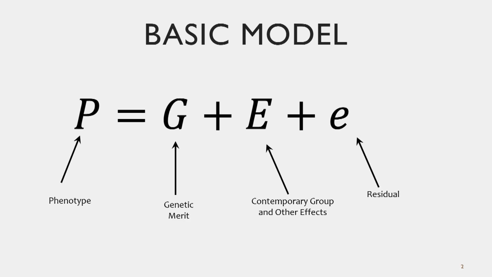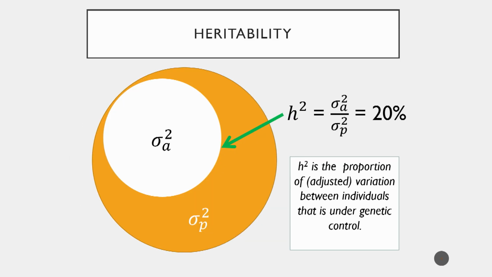What it really is, if I can back up, it's the phenotype that we have adjusted for known sources of environmental variation. It's that adjusted phenotype which is in the denominator of heritability. Why is that important?